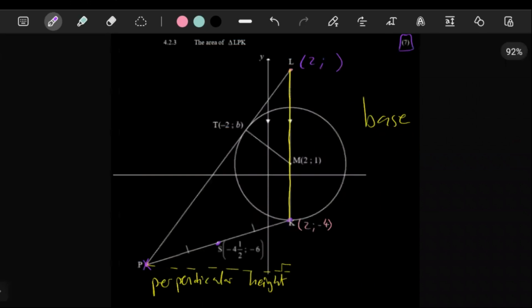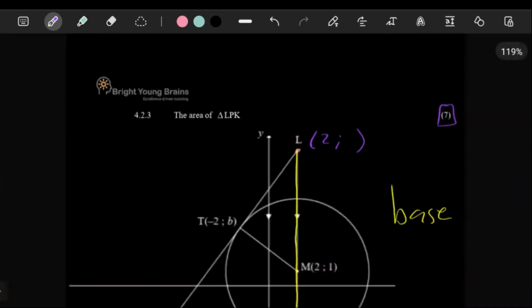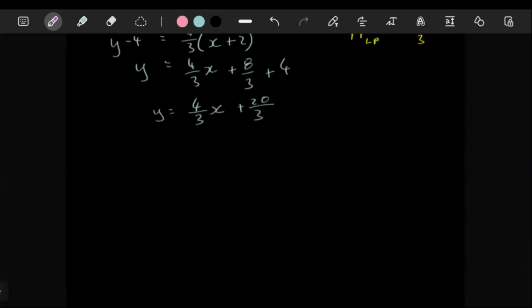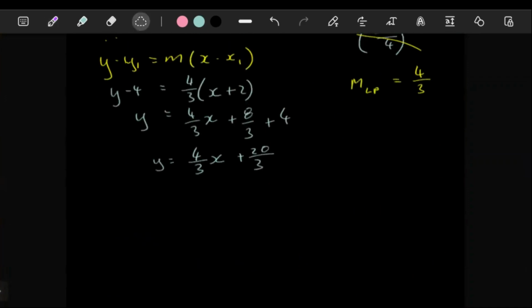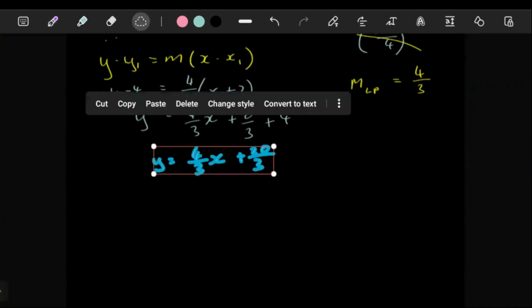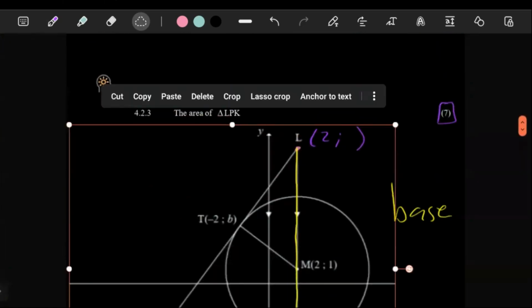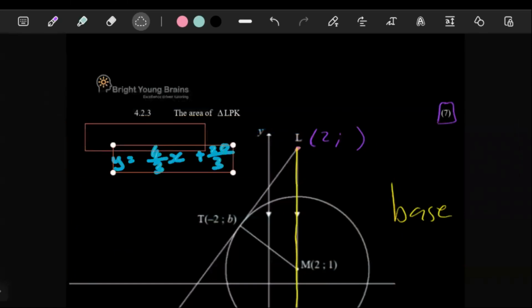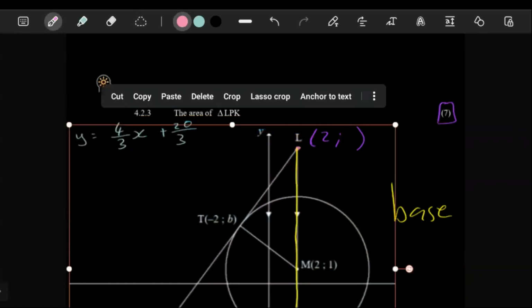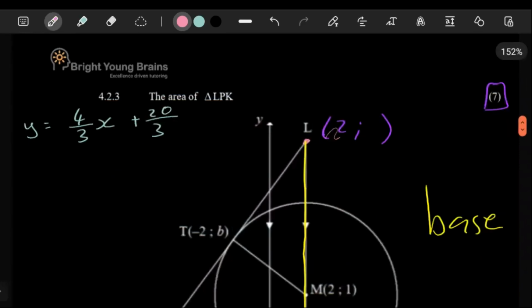Let's do L first. Using L, what we already know is that this is the equation that also passes through L. So what we're going to do is put the x value as 2.